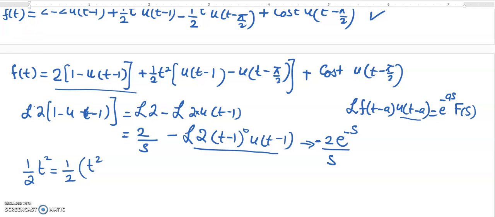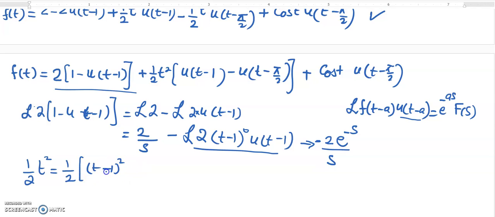How can we replace it? Maybe what I can do is simply replace it, but then I will need to make some changes. For example, I replace t square with (t minus 1) square.